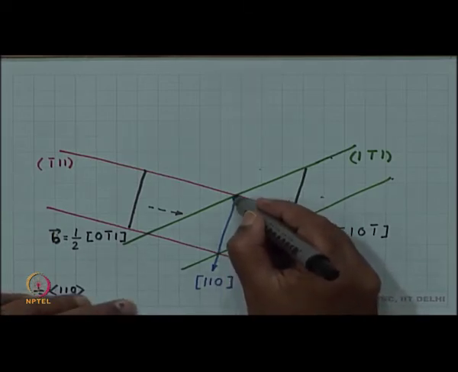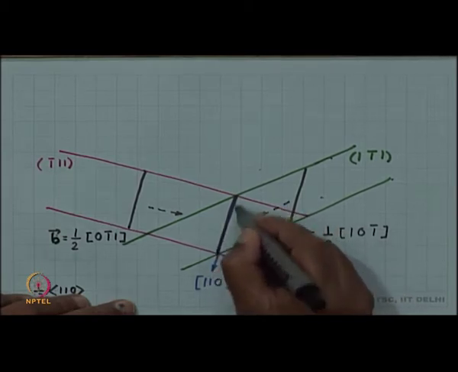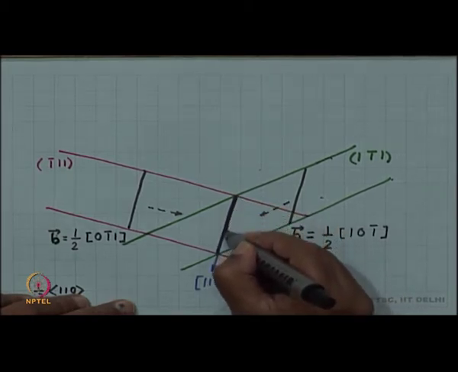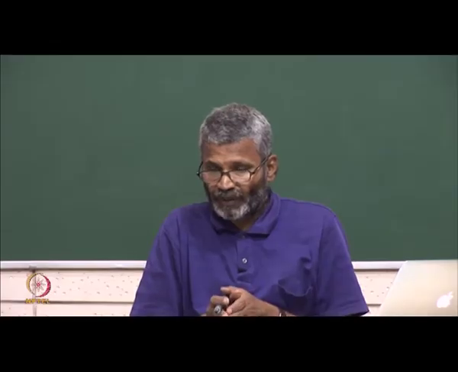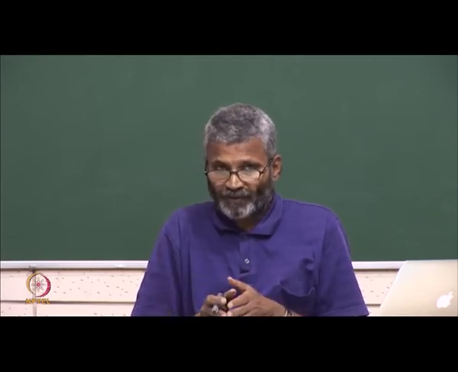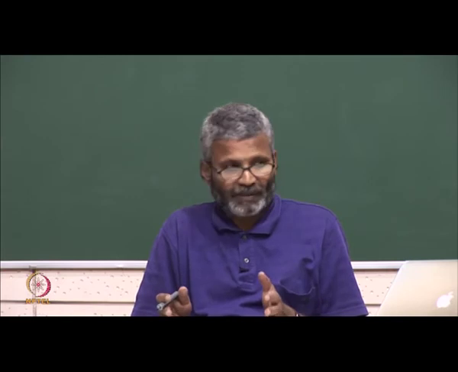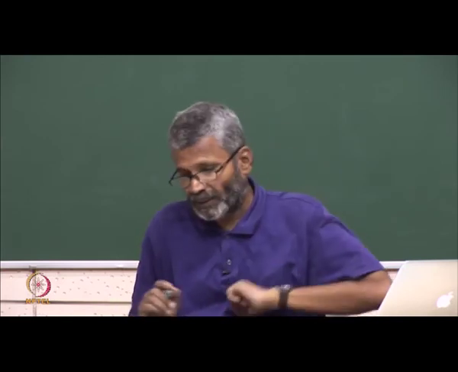Let us say that these two dislocations have come along the line to form some sort of composite dislocation. The question is whether they do come and form a composite dislocation, or whether they will attract each other or repel each other. So, this we can answer energetically.